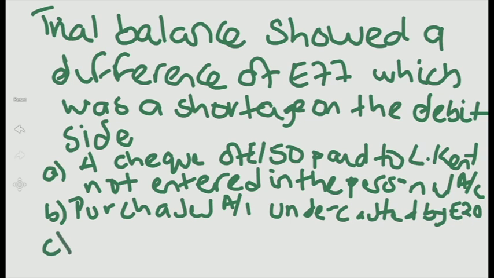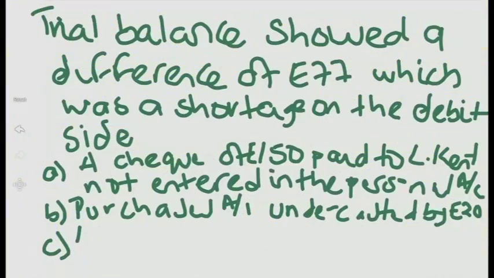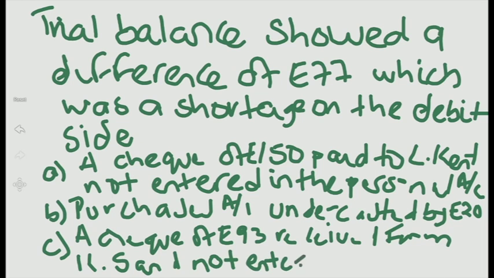The third error that we discovered, a check of 39 received from K-Send had been correctly entered in the cash book, but had not been entered in Send's account. It was not entered in the personal account.